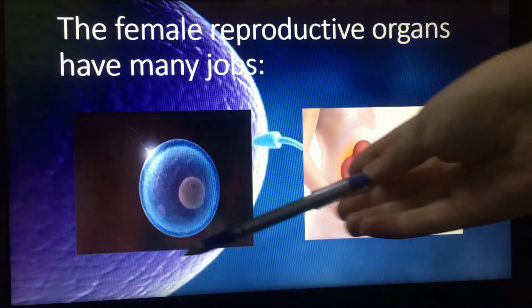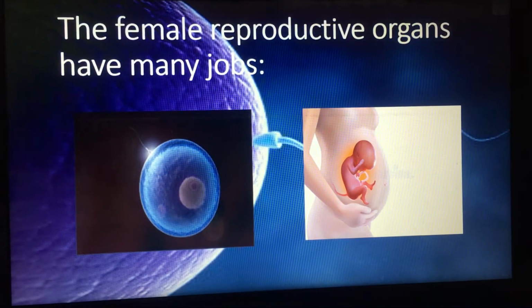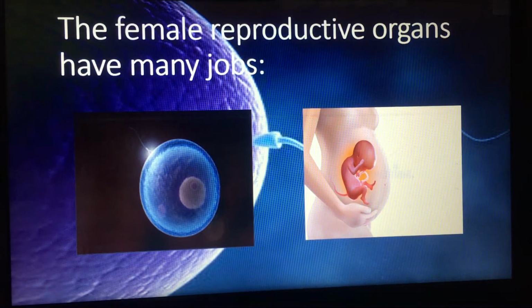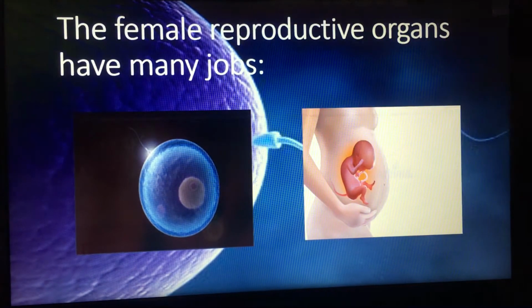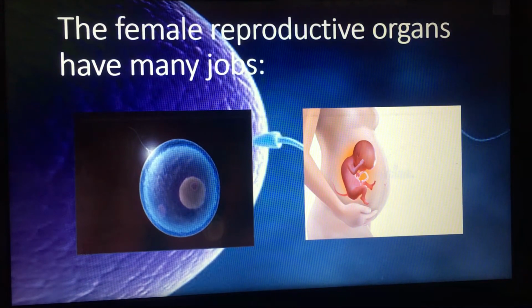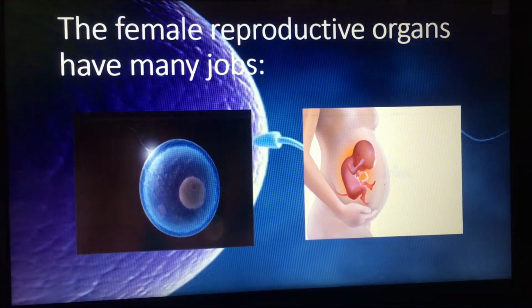And the second thing is that the female reproductive organs provide a home for a growing baby when it's needed. So two main jobs.